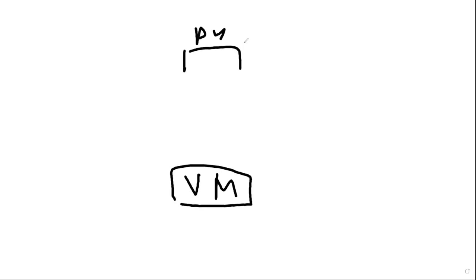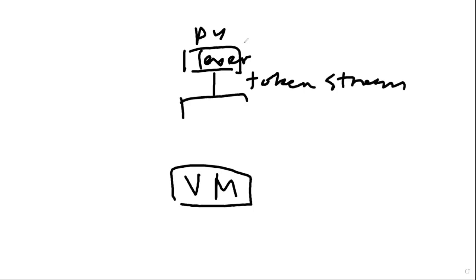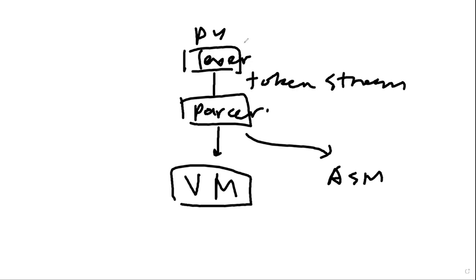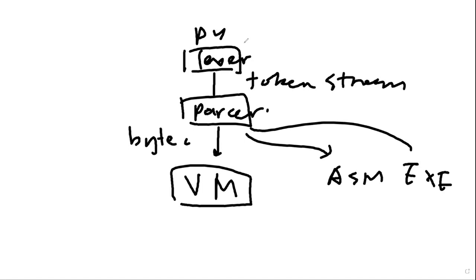You compile using the lexer to tokenize and become a token string, and then go into the parser. The parser's job is to generate assembly or executable code or a certain kind of bytecode that can be fed into the virtual machine.